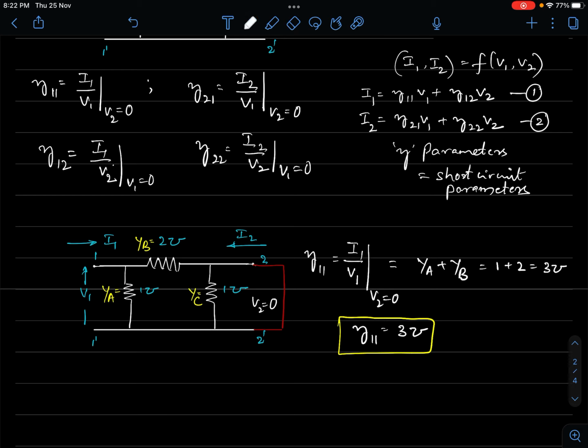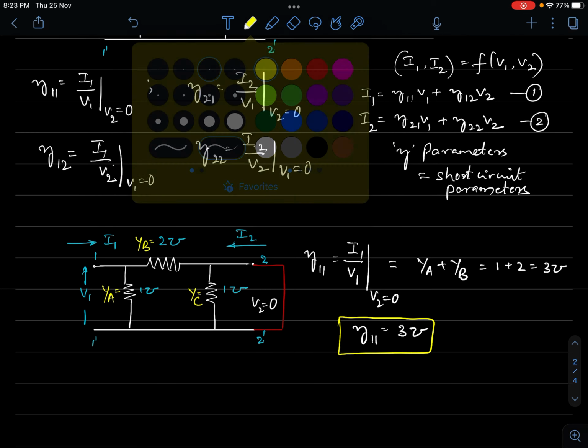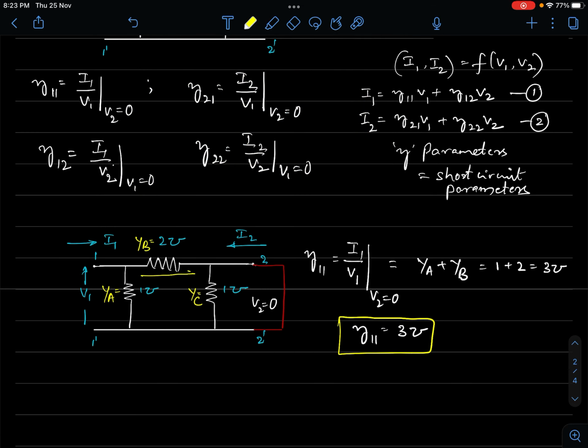So if I look at this network, the current I1 would branch into YA and YB, right? So in YB the current would be from, this is the direction of flow of current.